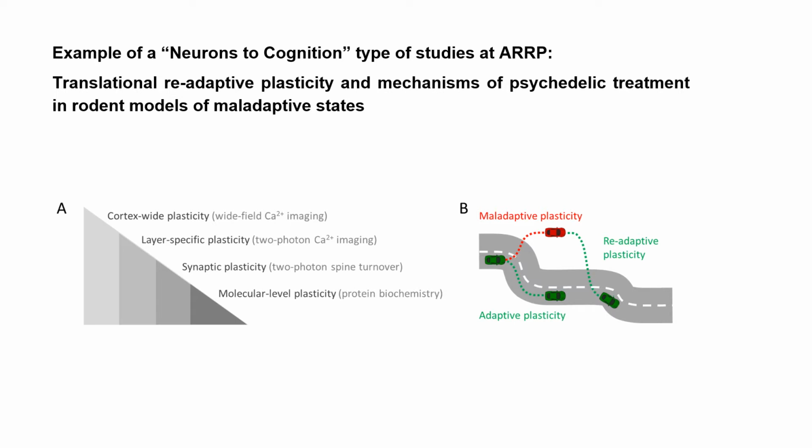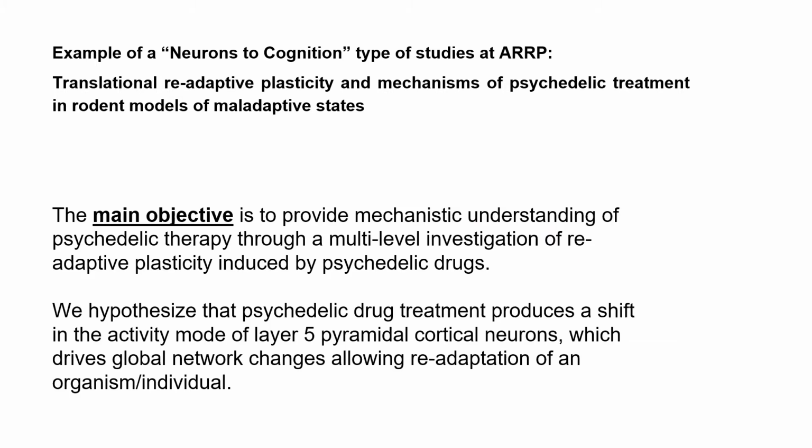So we are kind of attempting to study metaplasticity, if you will, although this is not a very common term, but we like to think of our study as a metaplasticity study.